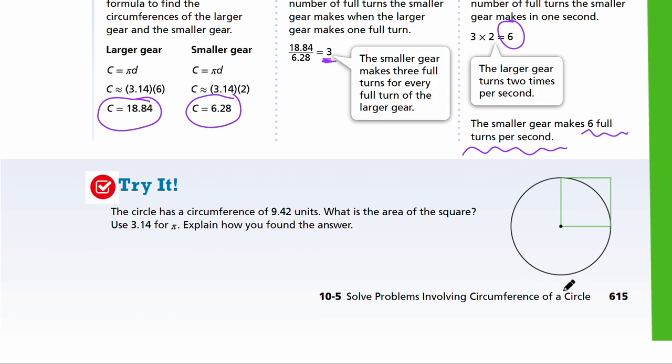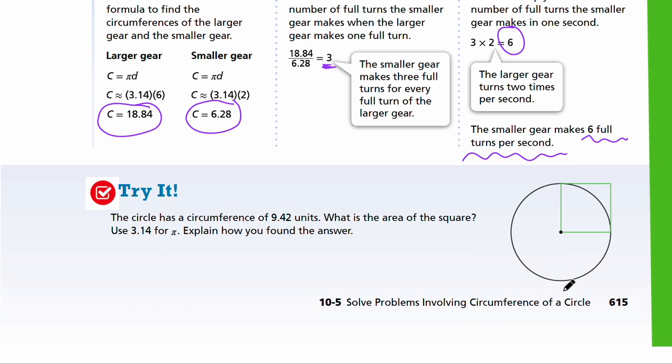The last try here. The circle has a circumference of 9.42 units. We already know the circumference now, right? So what's the area of this square? Ooh, this is something else now. You're first going to figure out the radius, and then you know the square has all sides the same size.